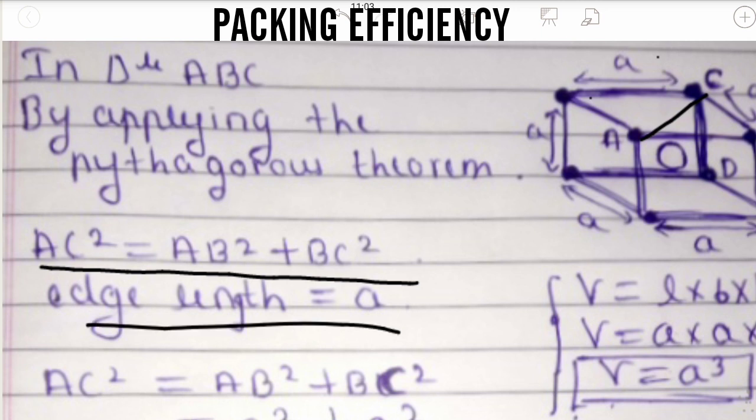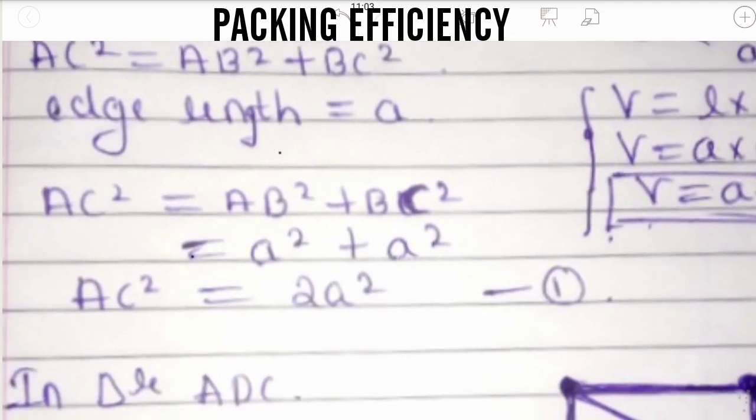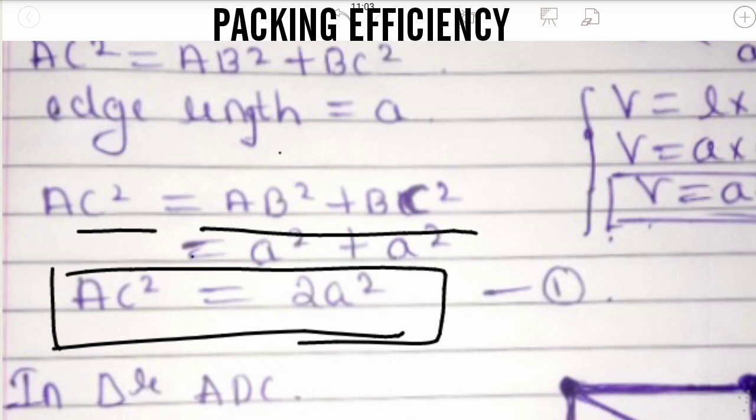We know that edge length is a on all sides. AB is the edge length a, BC is also edge length a. So a square plus a square is equal to 2a square. We got the value of AC square, that is 2a square.